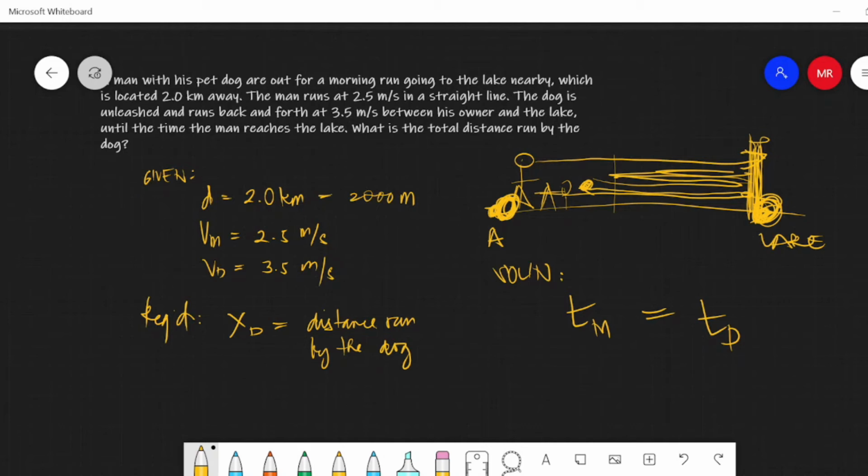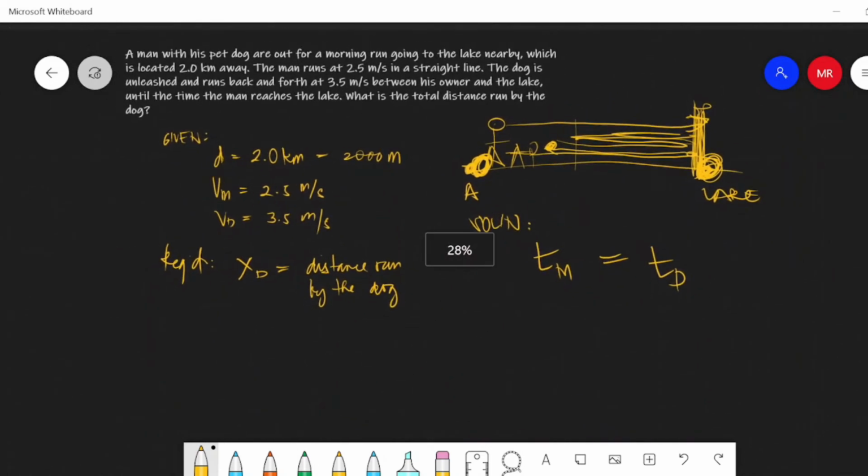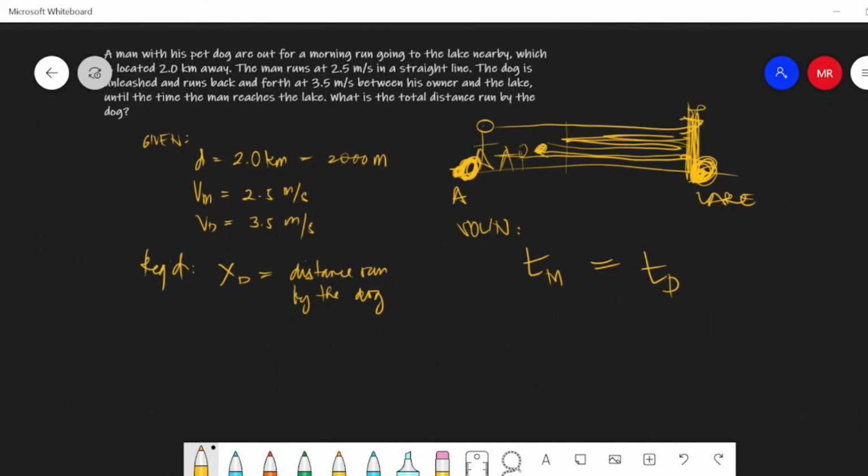With this analysis that they have the same time, it will now be very easy for us to solve this problem. This is just for a constant velocity problem, so we'll just use the formula velocity is equal to x over t.